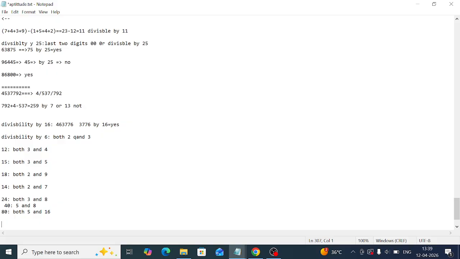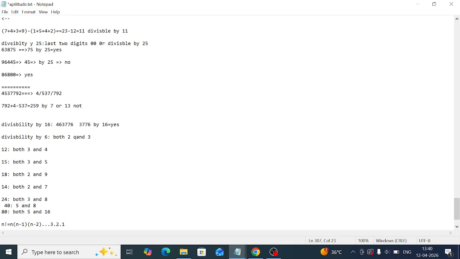Next, the factorial of a number. n factorial is equal to n into n minus 1 into n minus 2, and so on up to 3 into 2 into 1.